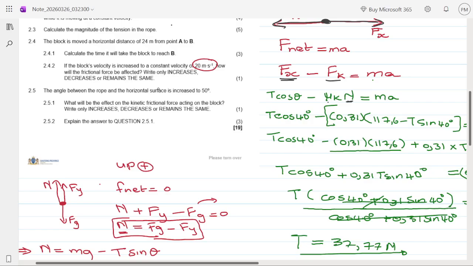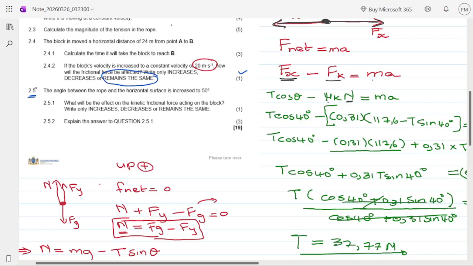So to answer this question, the kinetic force remains the same. Why? Because it depends on the coefficient of friction and the normal force, not the speed of the block. So the answer is remain the same. And they don't want you to give a reason, you just choose and you get that 1 mark.